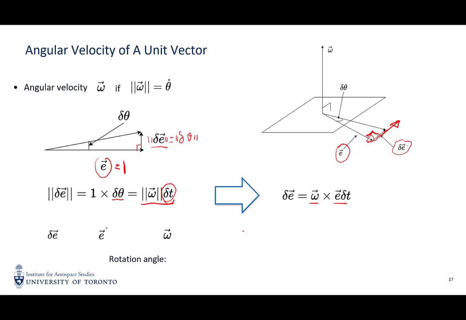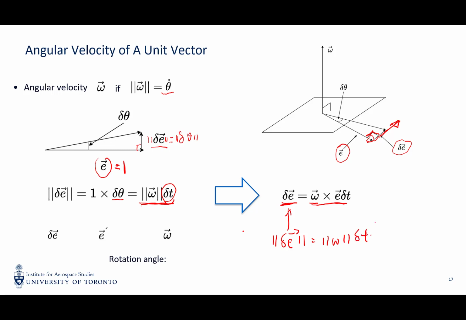And because we define the magnitude of omega such that it is equal to the rate of change of theta, then the magnitude of this cross product will also satisfy this condition. So by doing this cross product, it will also give you a delta E with the magnitude of omega times delta t.